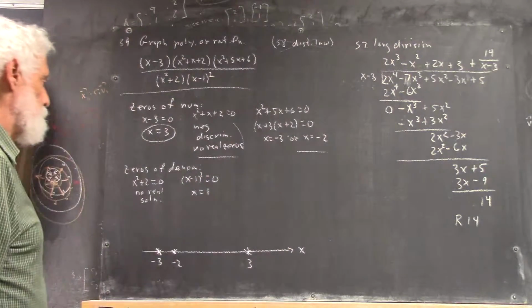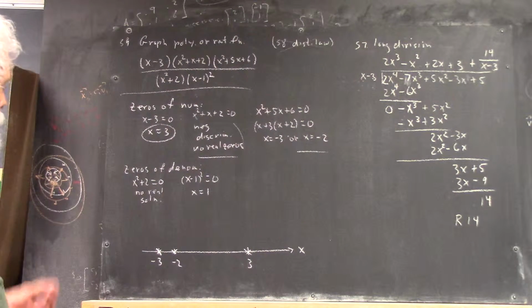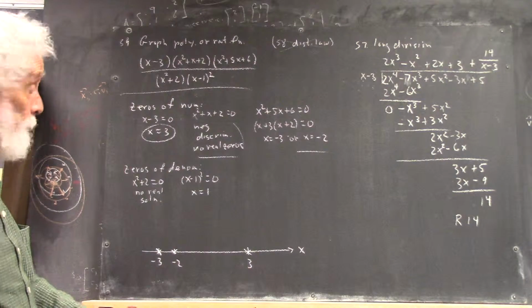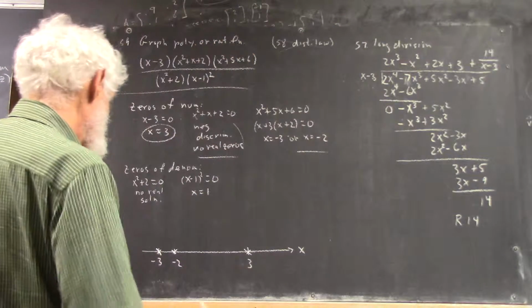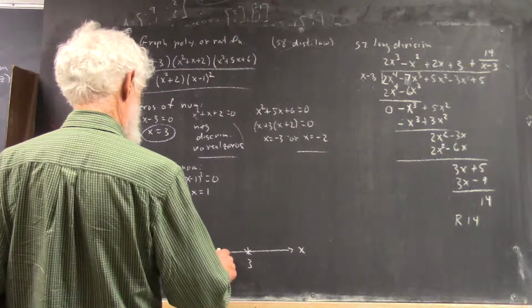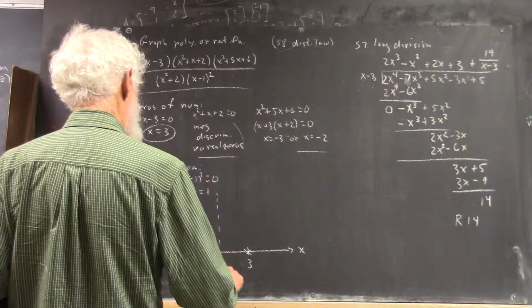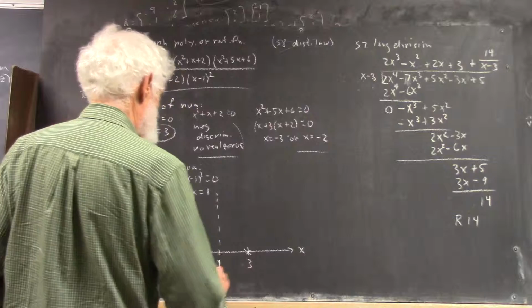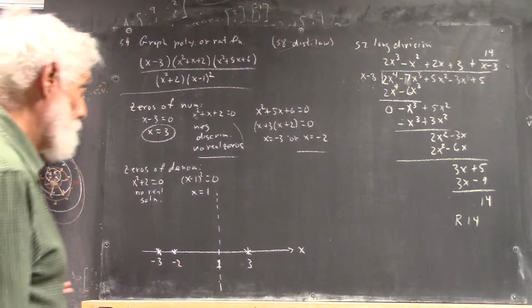X minus 1 squared equals 0, x equals 1. Now, any zero of the denominator gives you a vertical asymptote unless it happens to match a zero of the numerator. And I'm not going to talk about that right now. Okay, so here at 1, you're going to have a vertical asymptote. That 1 now looks like part of the dotted line. Okay, so what do we do with this?